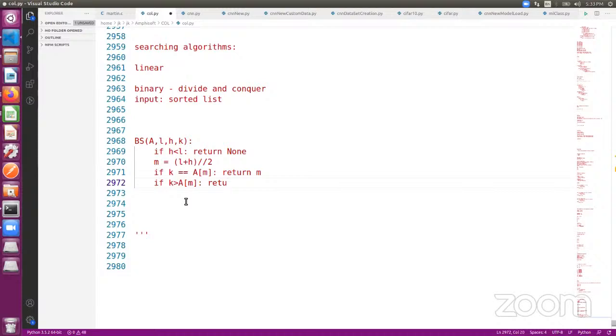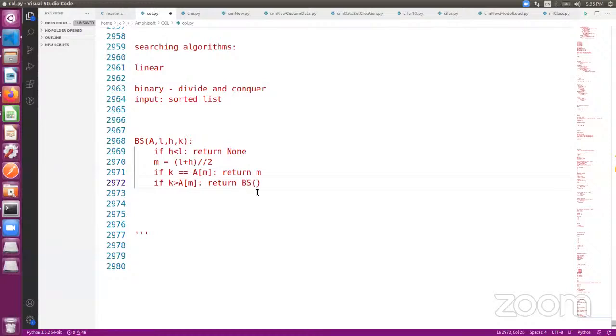This binary search that I'm calling would return some value, and that has to be returned to the previous function, and then to the previous one. It goes on like that because it is a recursive call. Don't forget this return. If you forget this return, finally none only will be returned. Be careful with this return.